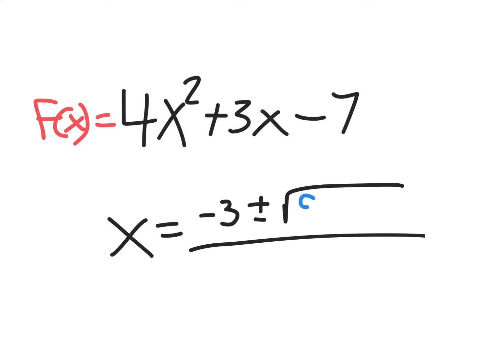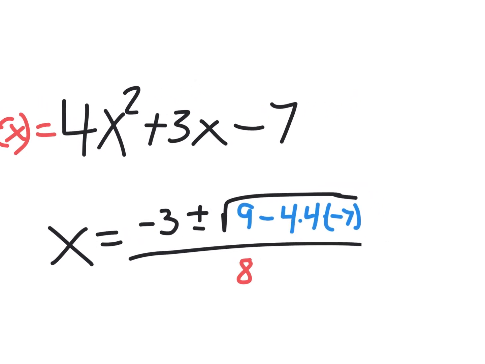B squared is 9. Minus 4 times negative 7 all over 2 times 4. Do you get how I got negative 3 plus and minus a whole bunch of stuff all over 8? You with me? That's how you get the x-intercepts.